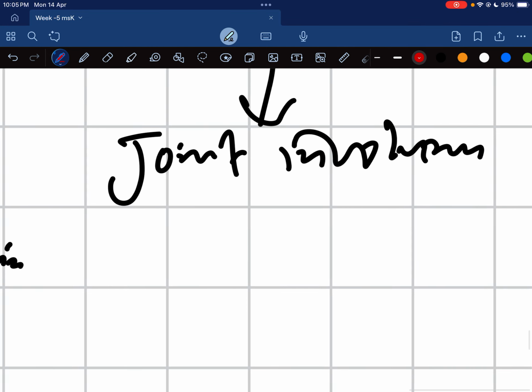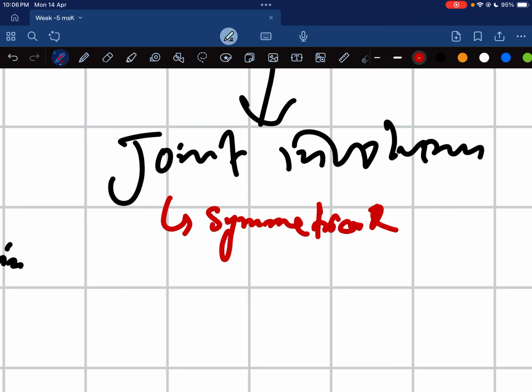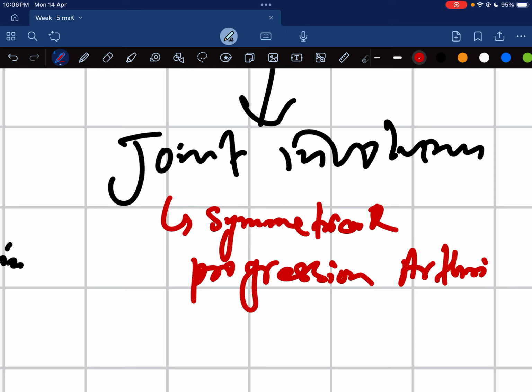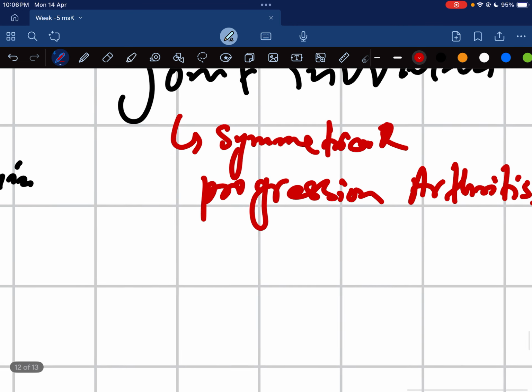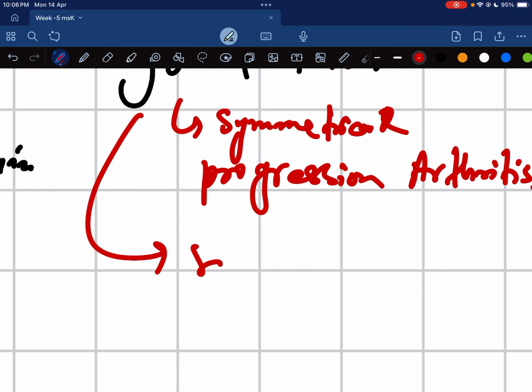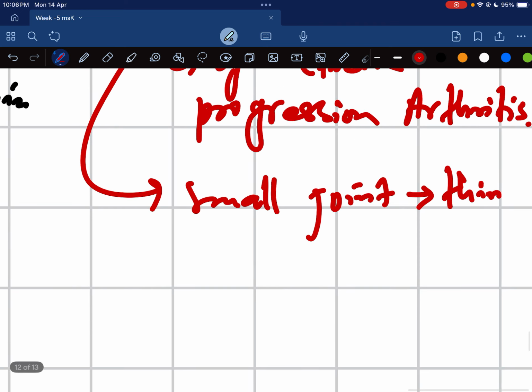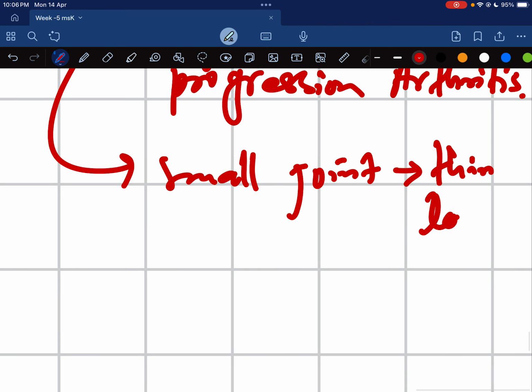When we go to joint involvement, there is symmetrical progressive arthritis, and it starts from small joints and then goes to large joints.